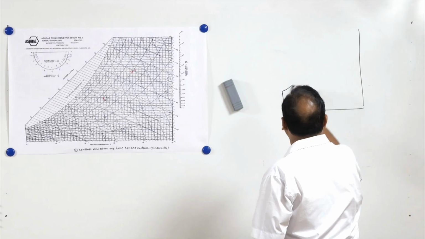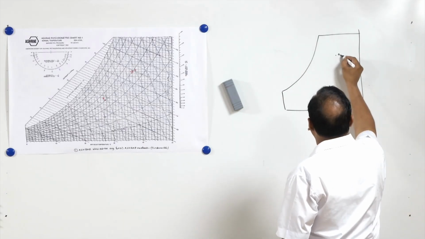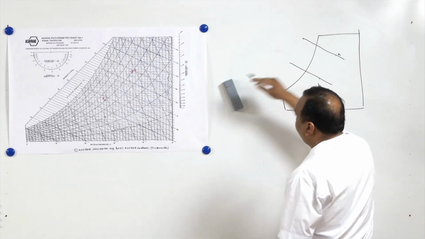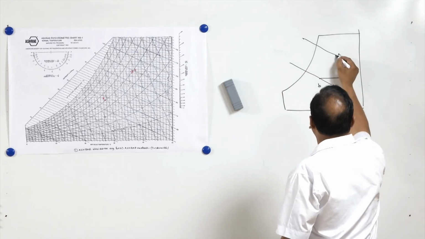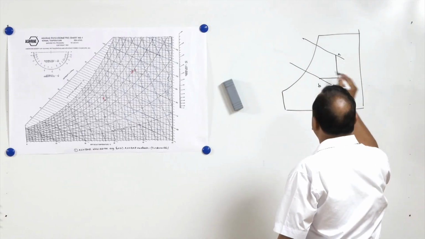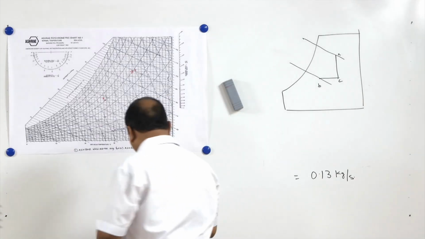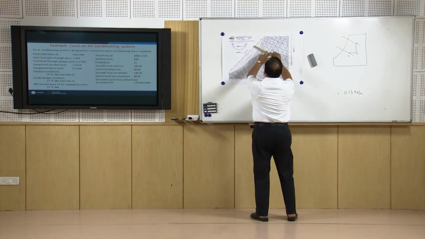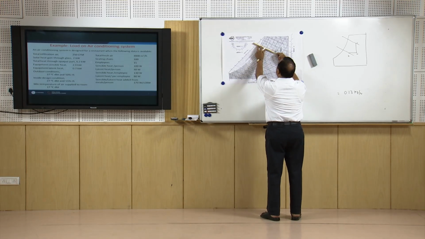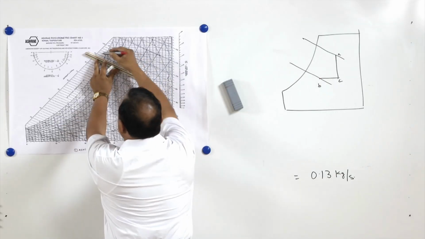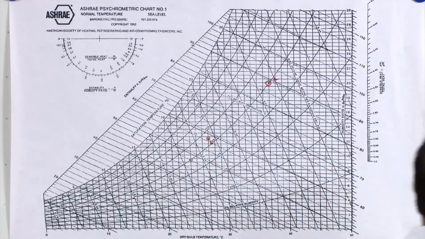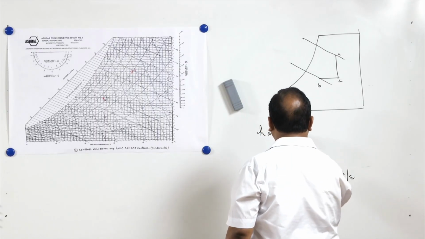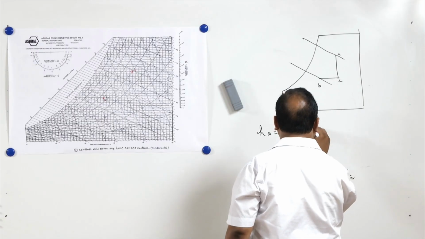So enthalpy at A and enthalpy at B we can take from this chart, and there is another point C, enthalpy at C we will also take from this chart. So let us try to find enthalpy at A. Enthalpy at A is this one, 89 kilojoules per kg of air.